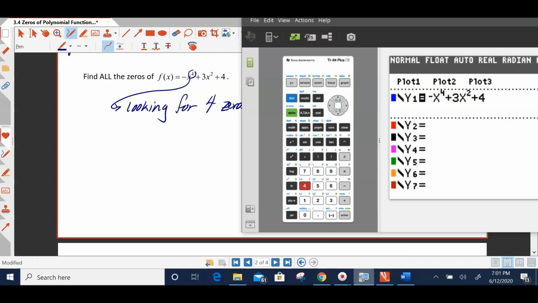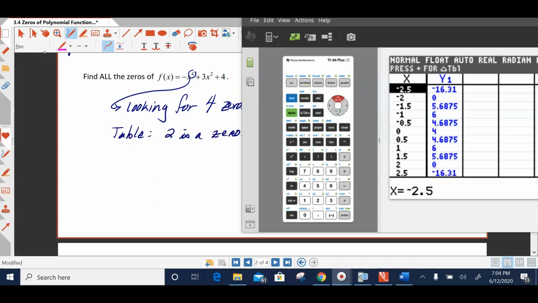I like to go to the table first just to see if I can get anything from the table. Okay, so here is the table for the graph of negative x to the fourth plus 3x squared plus 4. So all I did was went to second graph and that gave me my table.